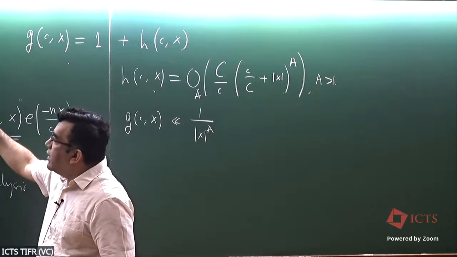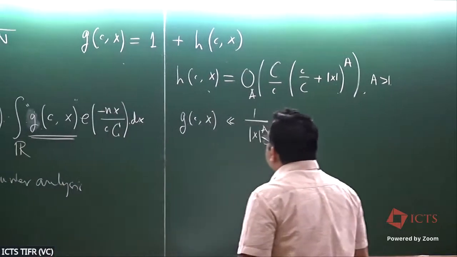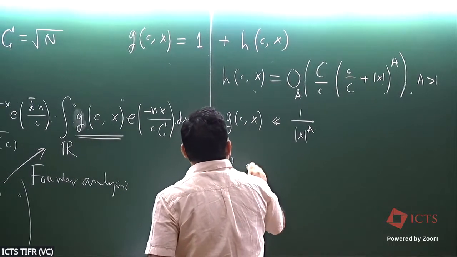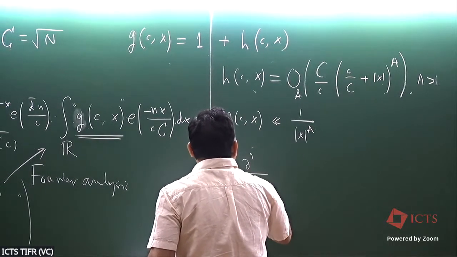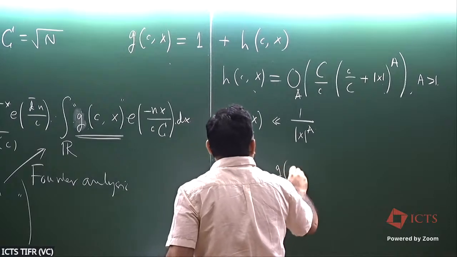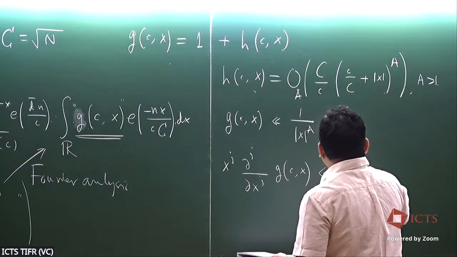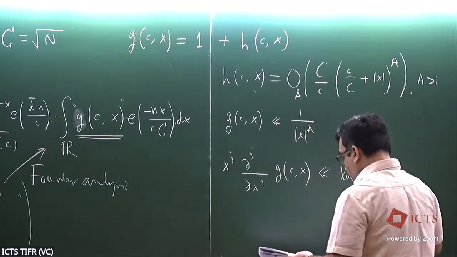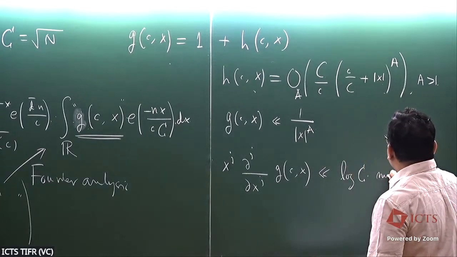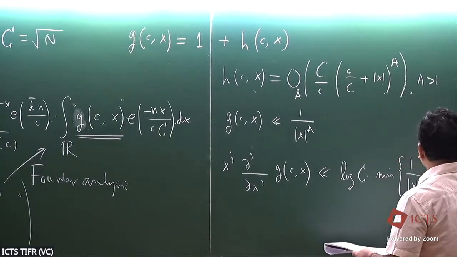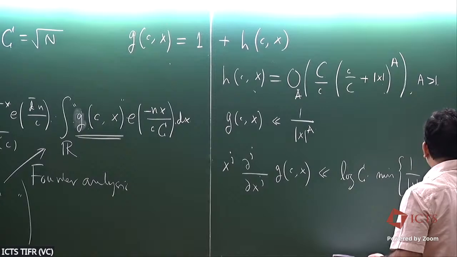This is a finite integral. This is the second property. And the third property is about the derivatives of the function g. This is bounded by log of C times the minimum of 1 over the absolute value of x, small c by capital C.